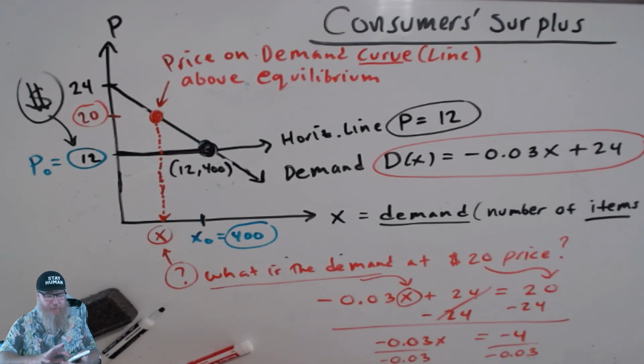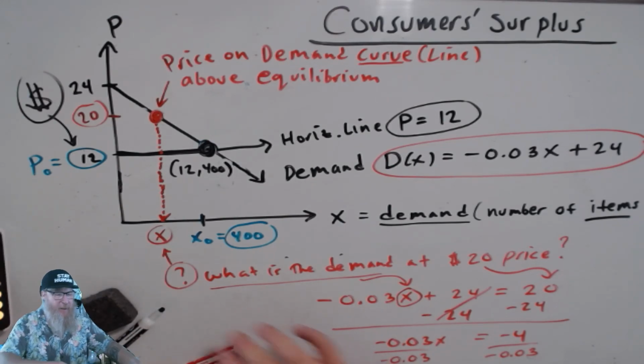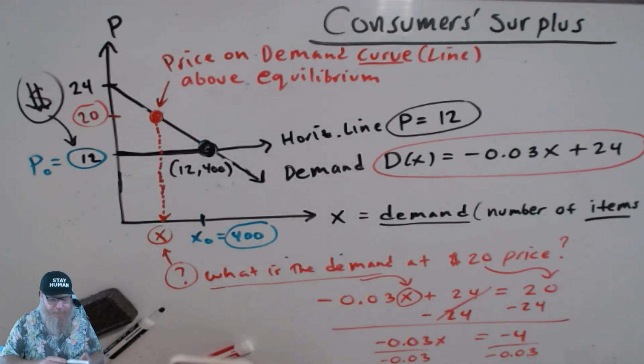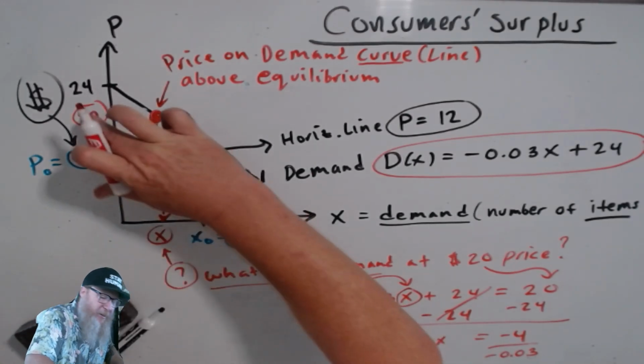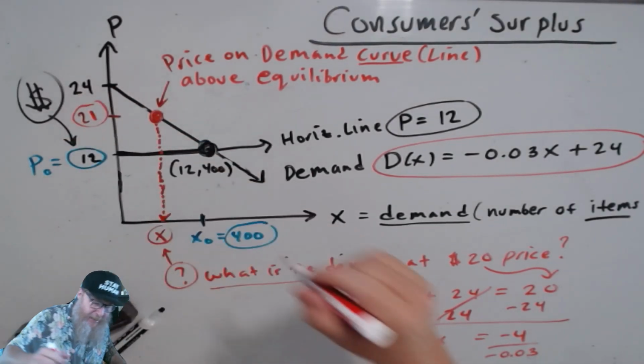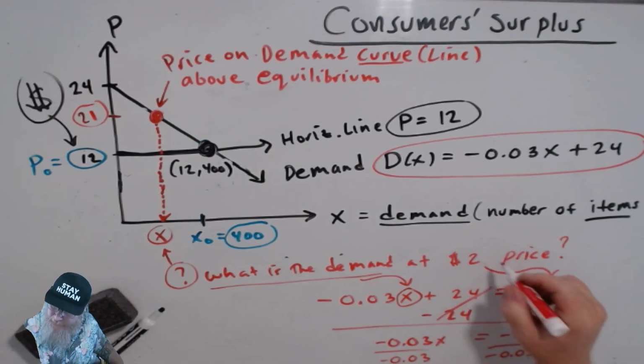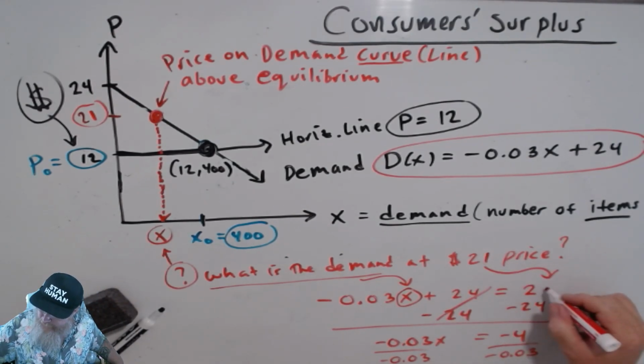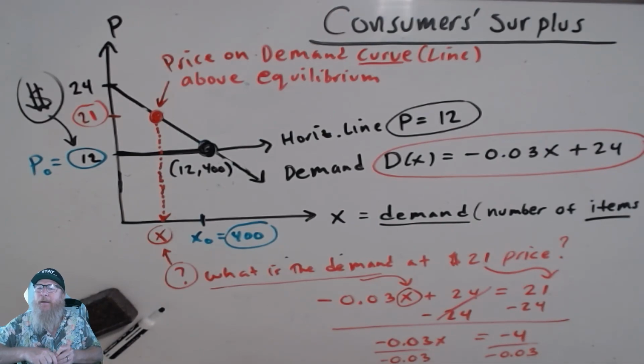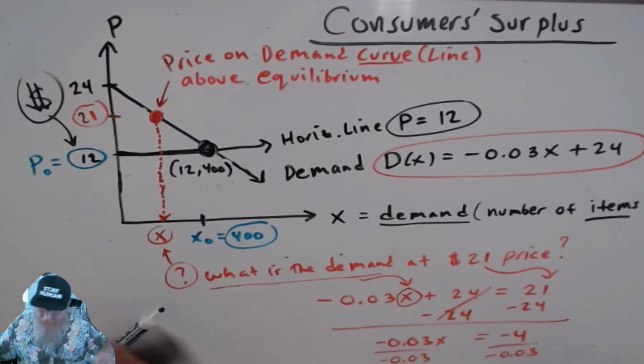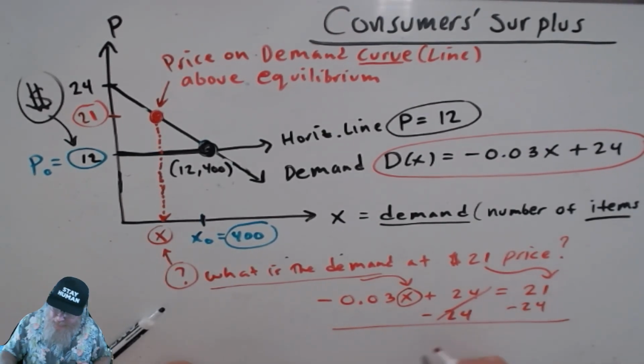Here, let's try that. $21. Can I change my mind just to make the numbers come out nicer? I said you could pick any price, so let's pick $21. Right now, I'm just sort of introducing the concept anyway, so I can fudge the numbers here.